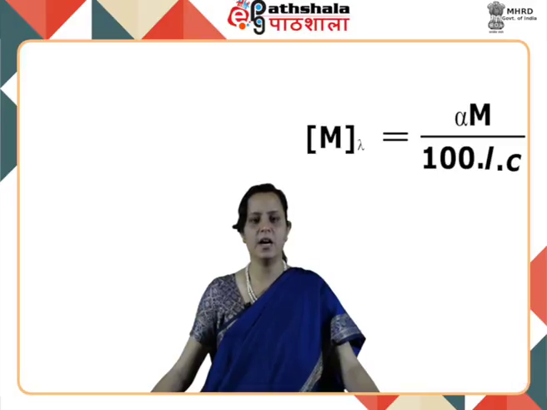For optical rotatory dispersion, it is more common to use molar rotation instead of specific rotation, and molar rotation is defined as alpha times M divided by 100 times L times C, where alpha is the observed rotation at wavelength lambda in degrees, L is the light path in decimeters, C is the concentration of optically active substance in grams per milliliter, and M is the molecular weight in grams per mole.